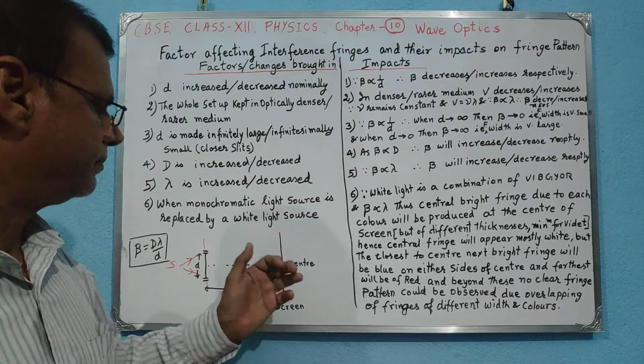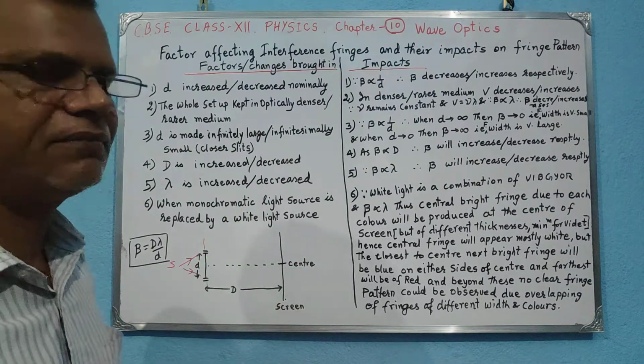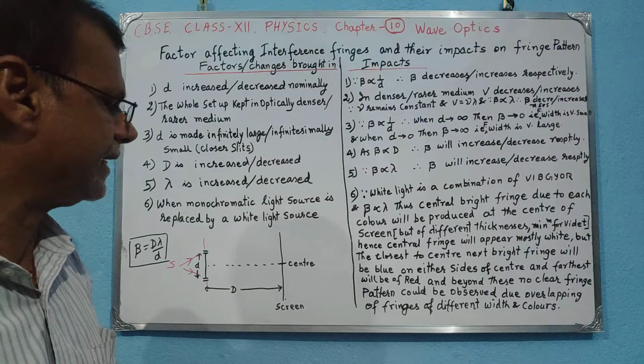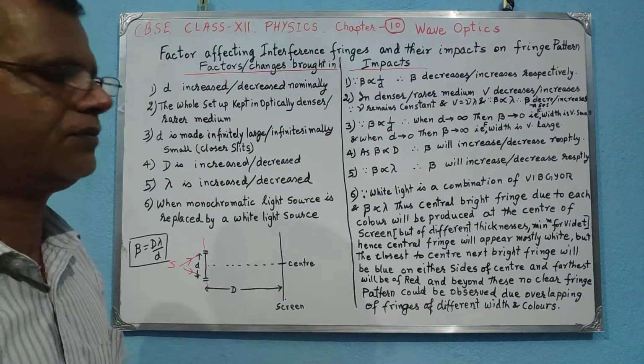And apart from this, nowhere else will we have the white color, because the different colors of light will have different fringe widths.